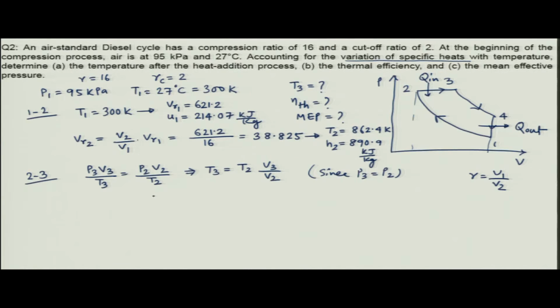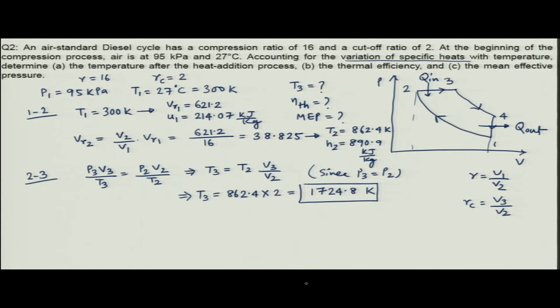So, now I can find T3. T3 is 862.4, that is T2, into V3 upon V2, which is your cutoff ratio, given as 2. So, the final temperature after constant pressure heat addition, that is T3, is 1724.8 Kelvin. So, this is one of the answers.